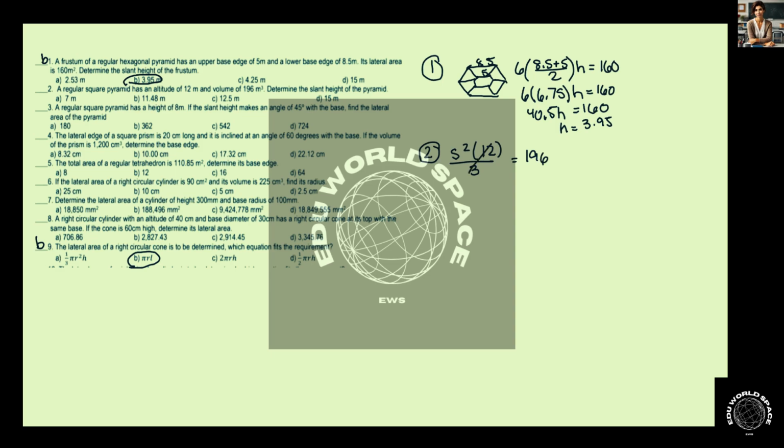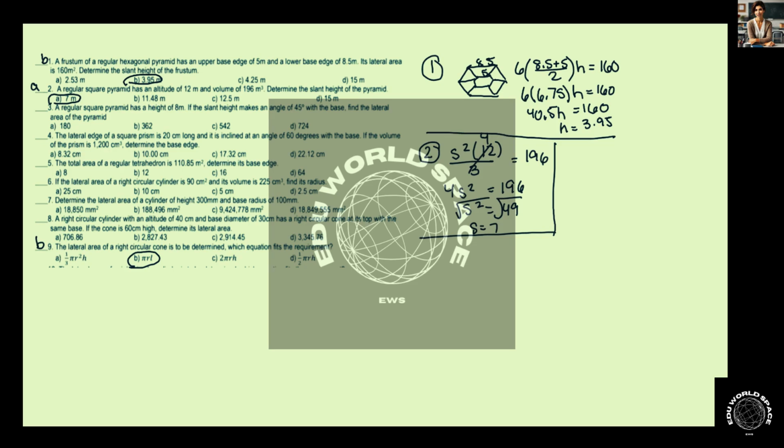I can simplify this, so I would have 4S squared equals 196. If I divide both sides by 4, S squared is 196 divided by 4, which is 49. The square root of 49 gives S equals 7. So that's number 2, 7 meters. So that's A.